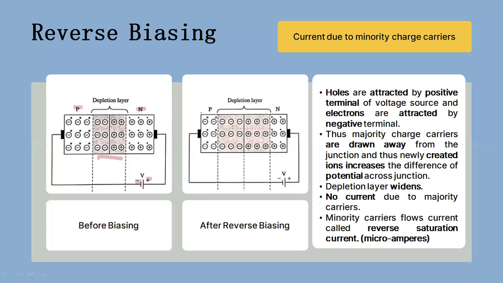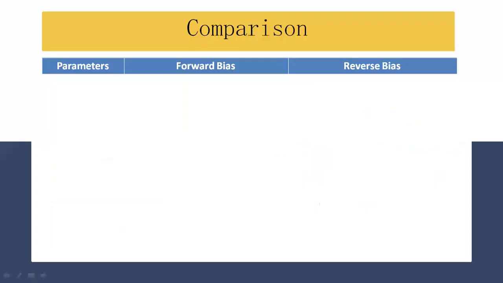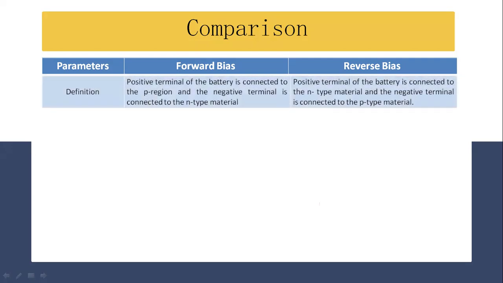Now, if we see the difference between forward bias and reverse bias, it can be done with the following parameters. The first parameter is the definition, or how we are connecting our diode in forward bias and reverse bias.